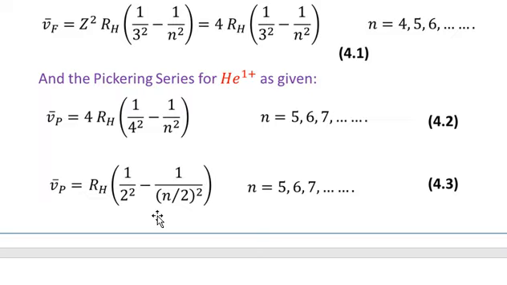I have written this because I want to take some useful information out of equation 4.3. That's why I have written the second term as the square of n by 2.